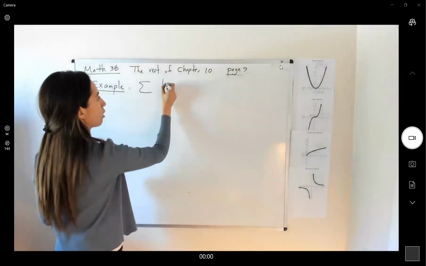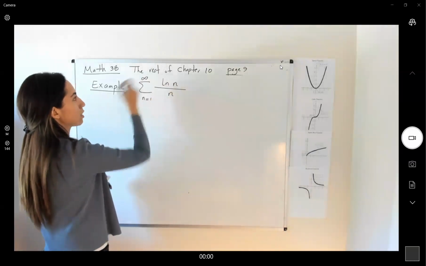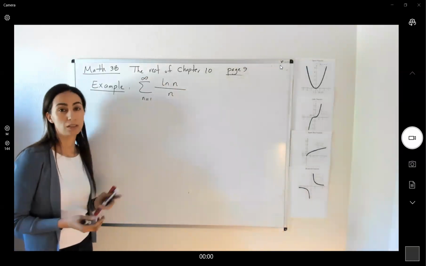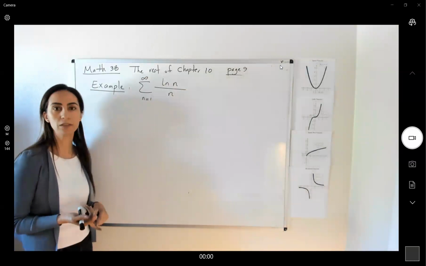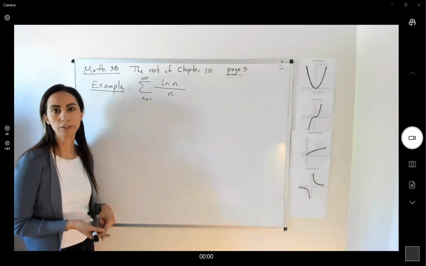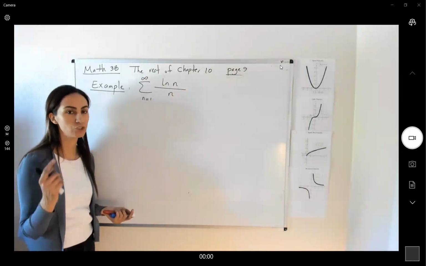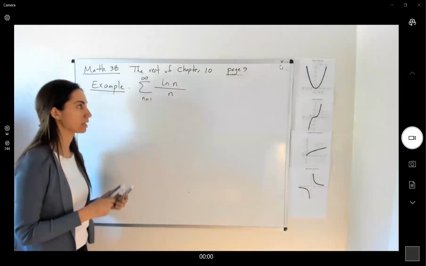Series ln of n divided by n starts from 1 and goes to infinity. Okay, this is a crazy looking function. This is a crazy looking series. It's not a p-series, it's not a geometric series, it's not a telescoping series. So we have to check to see if it satisfies the conditions for that theorem.